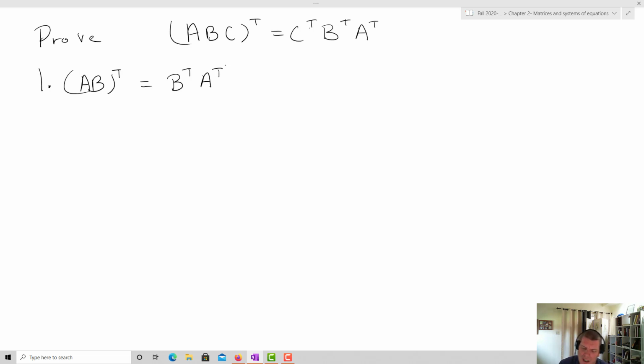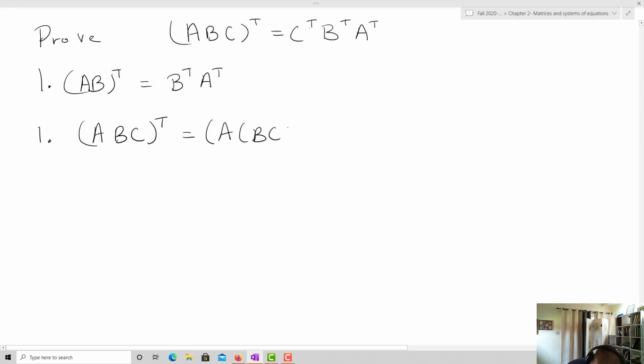What I'm going to do here is go in and break things up. I'm going to say, okay, first, that (ABC) transpose is going to equal (A times BC) transpose by associativity.